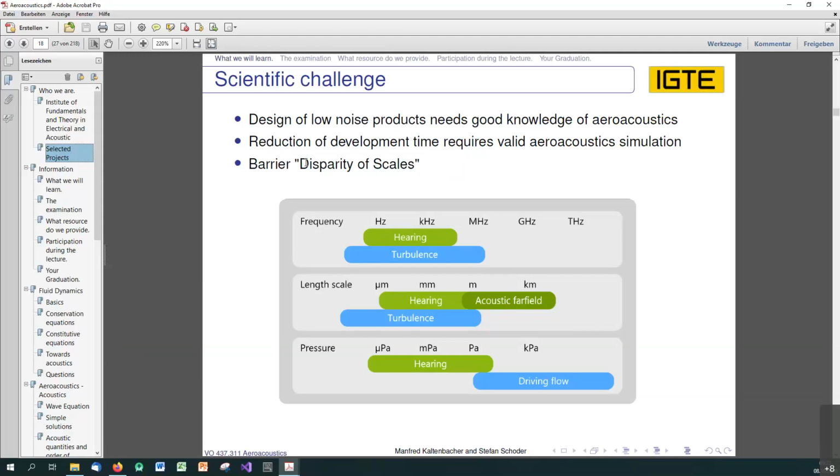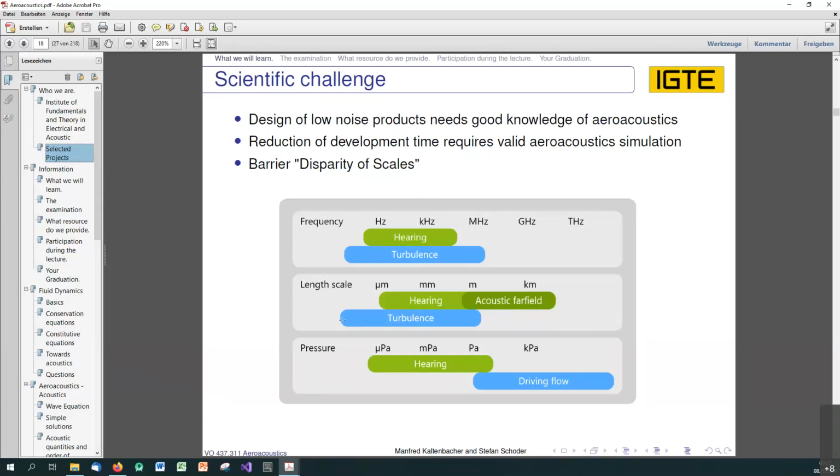And also there is a challenge of the disparity of scales. Hearing, as we discussed before, and the relation to turbulence. Turbulence is more or less a broadband characteristic spanning over a whole range of frequencies, and at some parts of the frequency range we have the ability to hear. Converting these frequencies into length scales, the flow scale, the frequency scales differently into length as acoustics does.